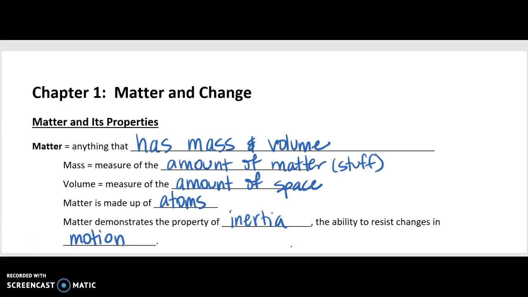Something that has less matter, less mass and volume will have less inertia. So this is that resistance to change in movement. For example, a semi-truck has more inertia than a toy car. It's going to be more difficult to start moving, resist change. If it's stopped, to start, or the reverse, if it's moving, it would take more energy to stop it.